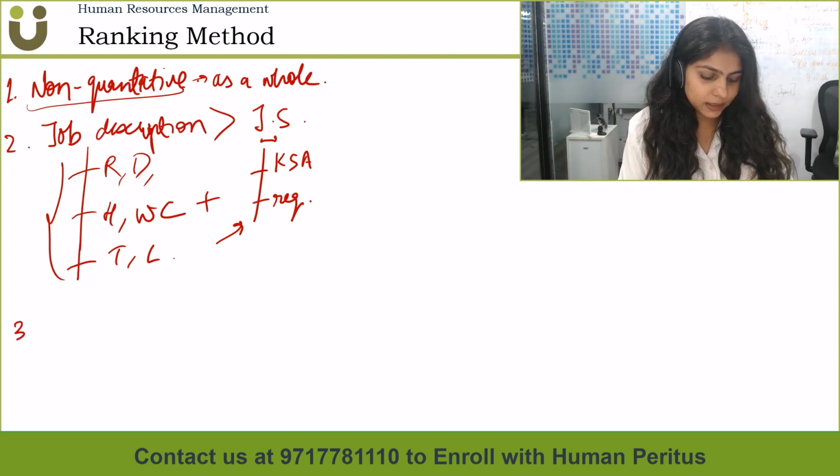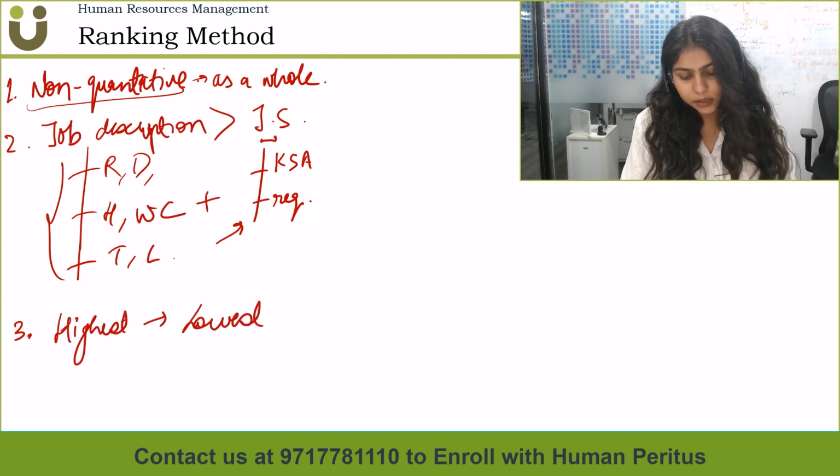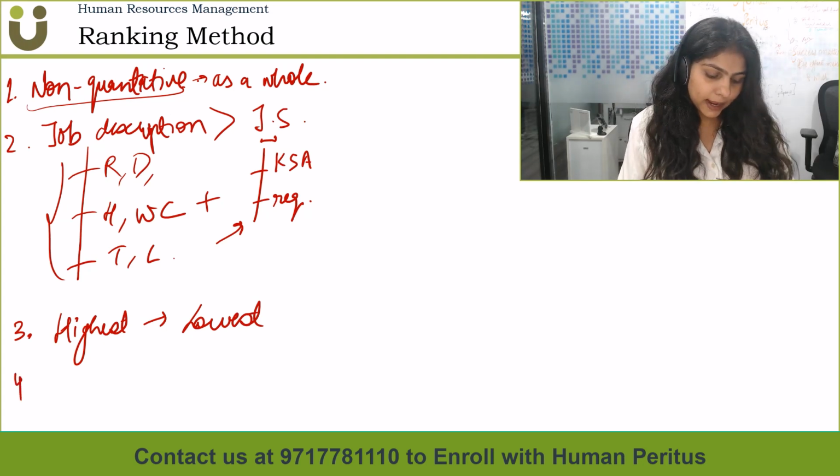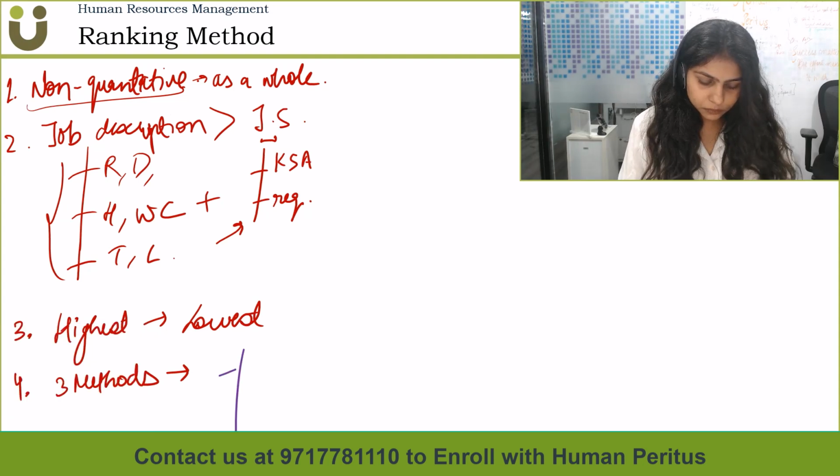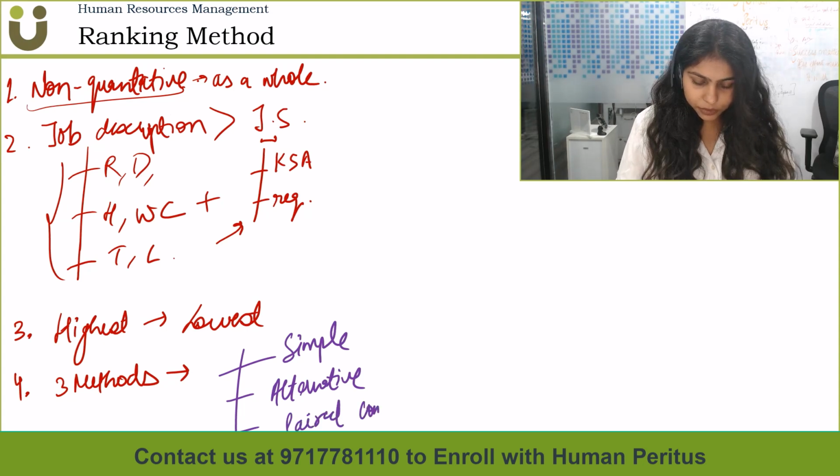Now ranking is nothing but ranking a position or a job from highest to lowest, and this ranking method further has three methods, namely the simple method, the alternative method, and the paired comparison method.